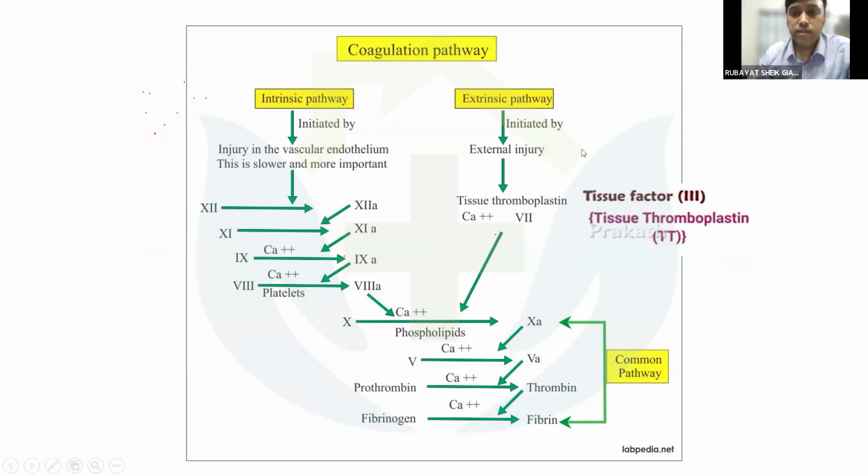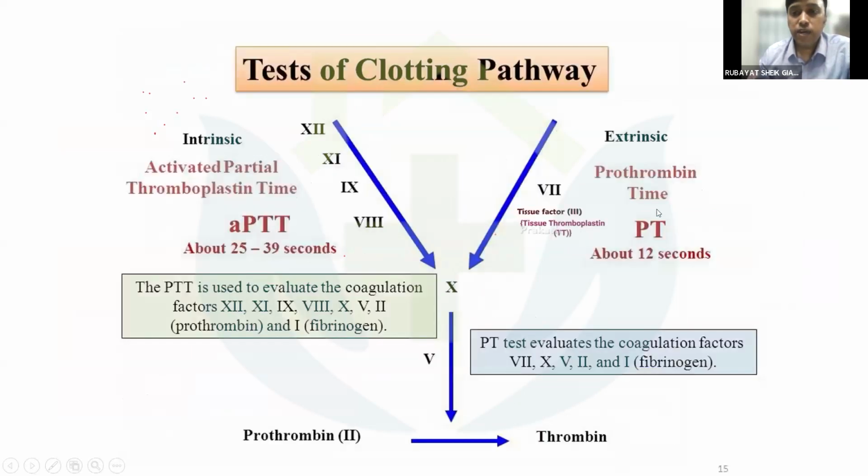Warfarin acts through the extrinsic pathway. It inhibits vitamin K dependent clotting factors, especially 7. So the extrinsic pathway is blocked by warfarin. We know extrinsic pathway function is measured by prothrombin time. This is how warfarin acts, and this is why we monitor prothrombin time in a patient taking warfarin.